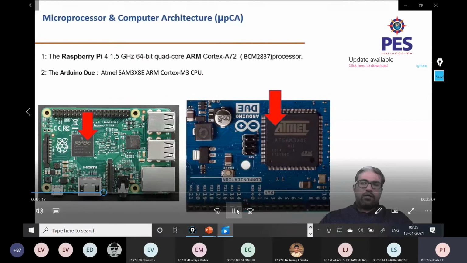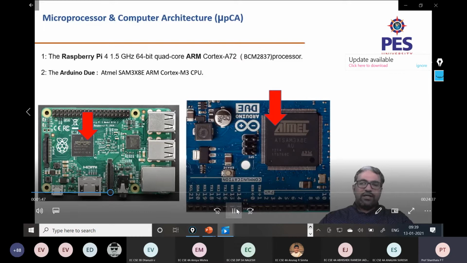Many student hackathon projects use these two programming boards, the Raspberry Pi and Arduino boards. They use the ARM processor. You can see here, I have marked with a red arrow pointing to the ARM processor. One board is the Arduino board, which is in blue color.